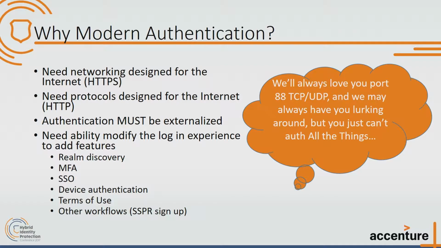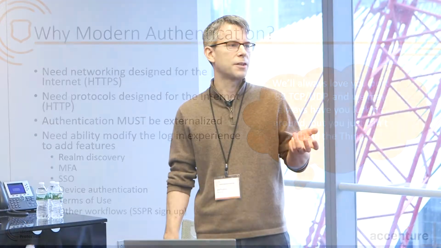MFA is a common thing that needs to be added in. You want to have SSO features so that you won't necessarily need to log in all the time, so you need ways to decorate that in there. Device-based authentication, and then you get into more compliance-related stuff like terms of use. Consent is another one that's also important, especially in OAuth.